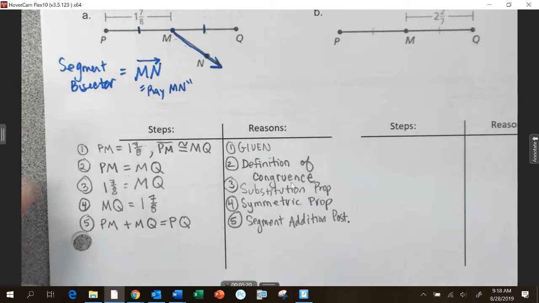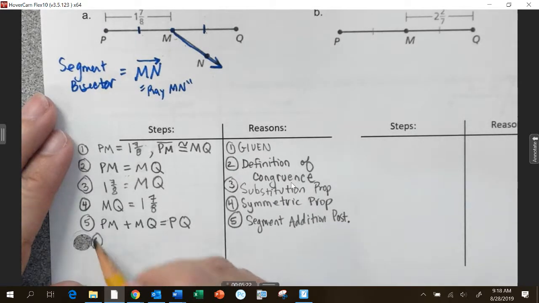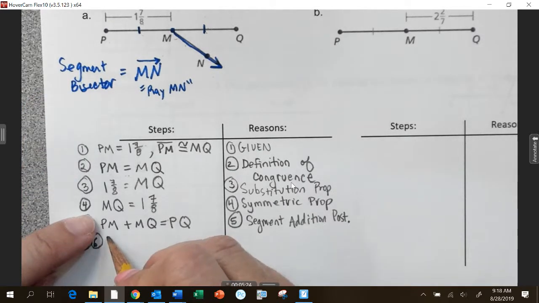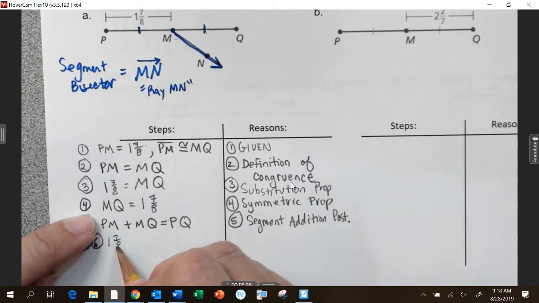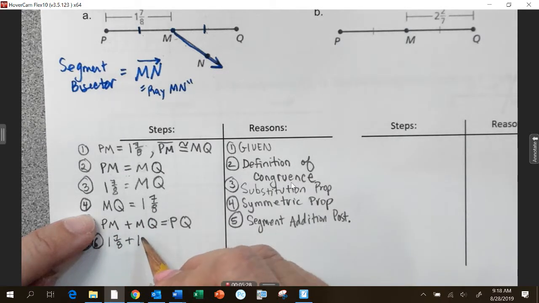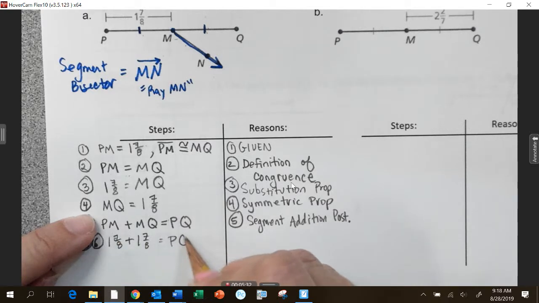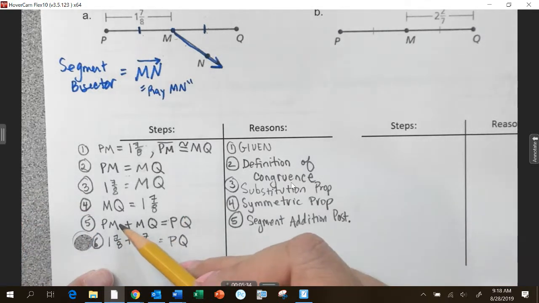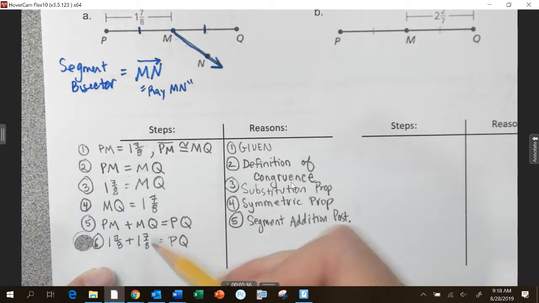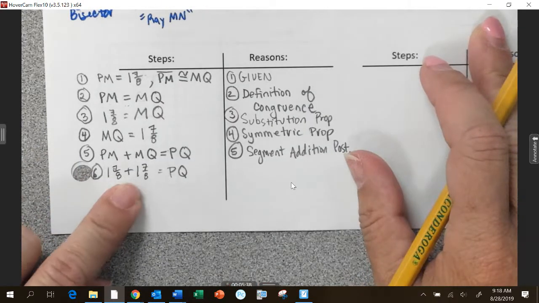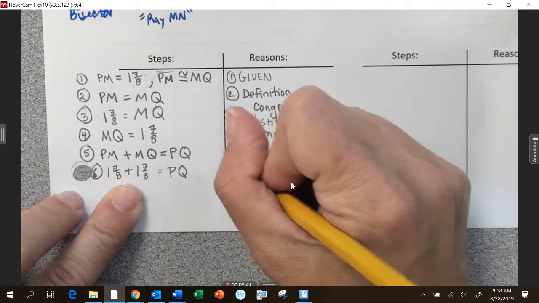So once I've done that, I know PM is 1 7/8. I know MQ is 1 7/8. What did I just do by saying that? I substituted. Substitution property.